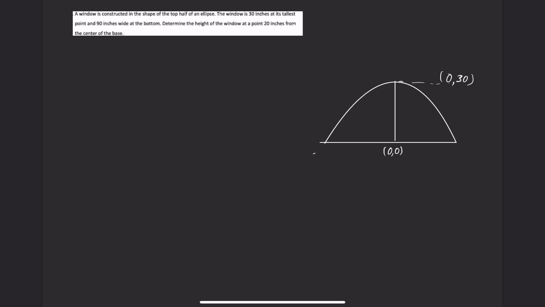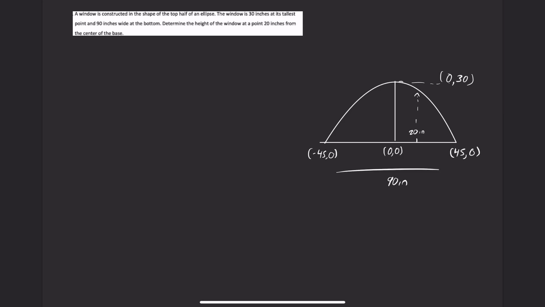This means that this would be (-45, 0), and this side will be (45, 0). This is because the whole length will be 90 inches here. Okay, so in order to determine the height of the window at a point 20 inches from the center, which is this right here, they want to know the height right here.